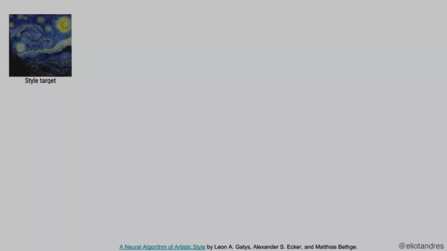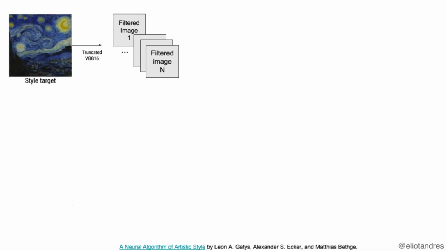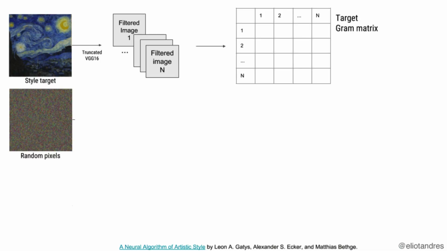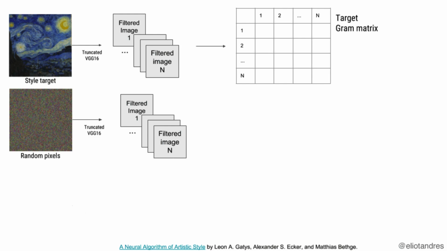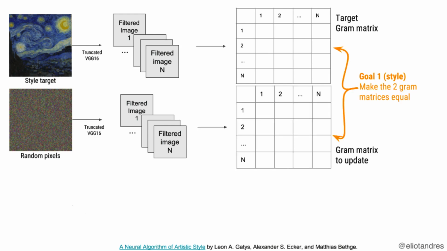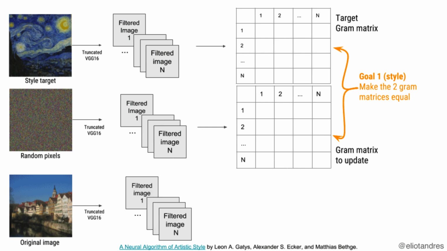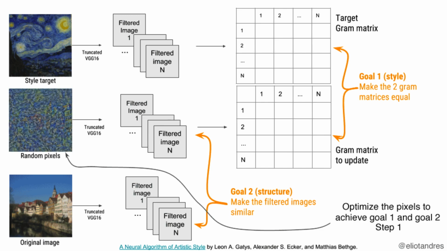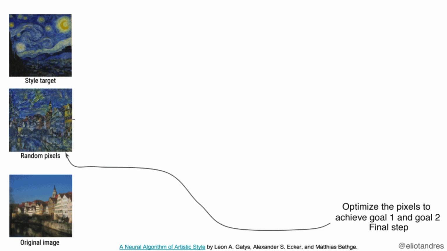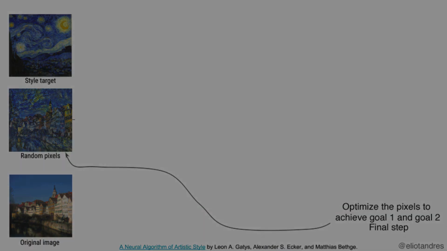Check out this video created by Elliot Andrus that shows the entire process of style transfer and the steps that it involves. If it looks overly complicated to you right now, that is completely alright, as this is just meant to give you a full overview of style transfer. We are going to run through the theory and code behind style transfer, and we will revisit this video again, and hopefully then it will make a lot more sense to you guys.